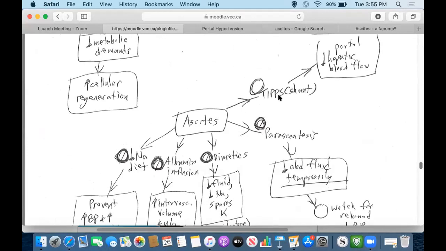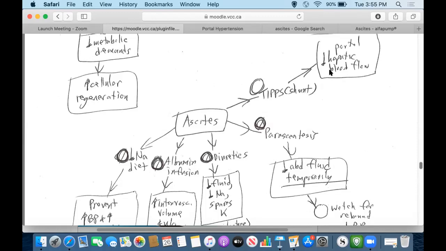Maybe the docs put a shunt in there, which is basically something that diverts blood flow away from the hepatic region. Now that would certainly help to decrease portal hypertension, but the downside is it's also going to decrease blood delivery to the liver in general. And so it's going to be tough for the liver to do its job on things like managing aldosterone levels, on things like changing ammonia to urea.